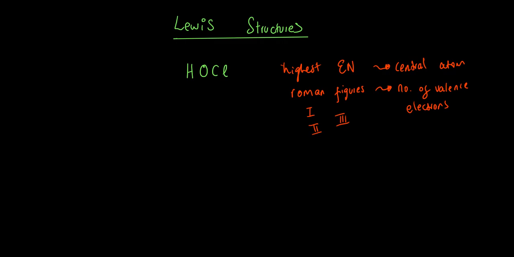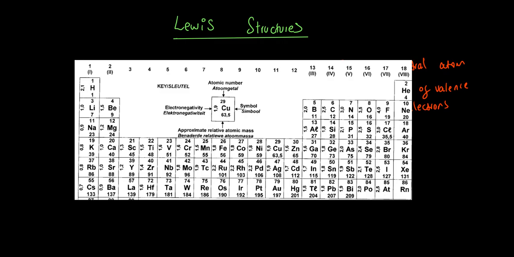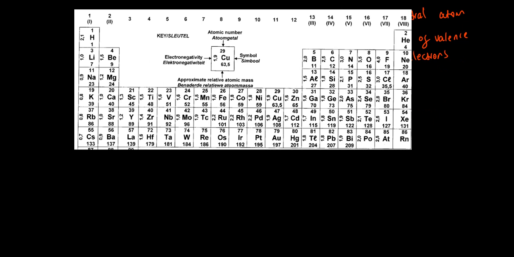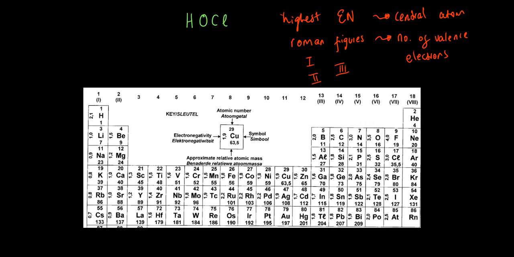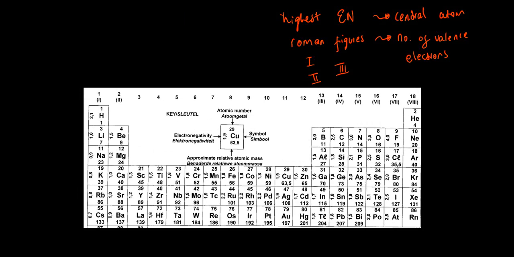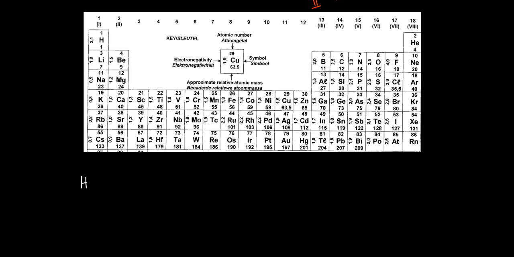Now, when you go into the exam room and look at your periodic table, the first thing you must do is make sure that you remember where your Roman figures are, and therefore it will help you write these structures. For example, HOCl. If I wanted to draw a Lewis structure for HOCl, the first thing I would look at is which one has the highest electronegativity.